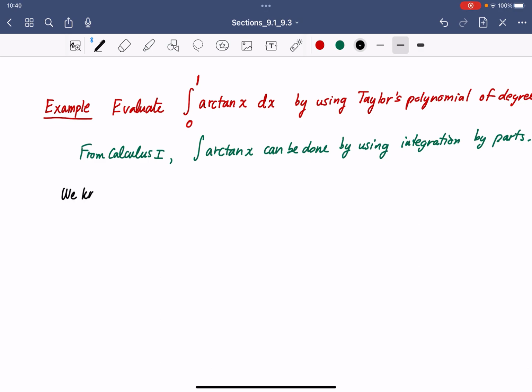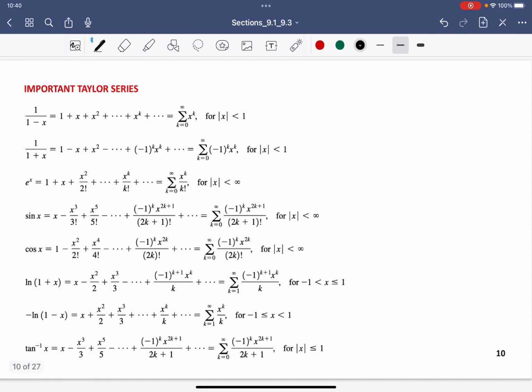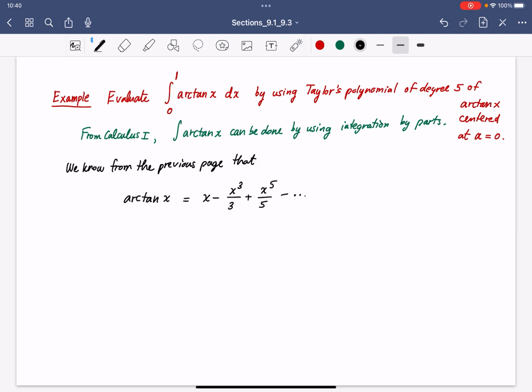So this is actually arctan x equal to this one. We know from the previous page that if you take arctan x and expand the series of arctan x, it's going to be x minus x cubed over 3 plus x to the 5th power over 5, and so on, minus, keep going.